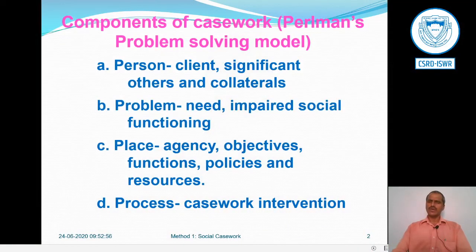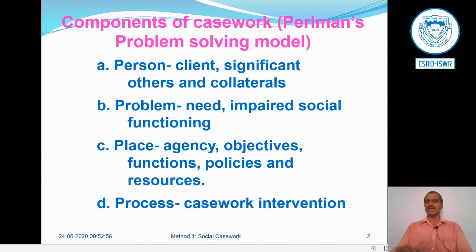Everyone does not have the same type of cultural, social, economic background. Therefore, we need to understand a person with his unique cultural background and unique family background. There also we have to understand other people who contribute to the person's problem.